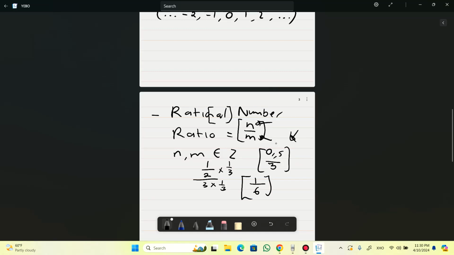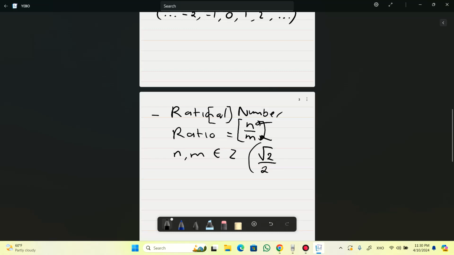Make sure that you do not have a decimal. When you're dealing with the rational, there is no decimal number, or square root or anything in that case. I can't say, well, square root of 2 over 2.